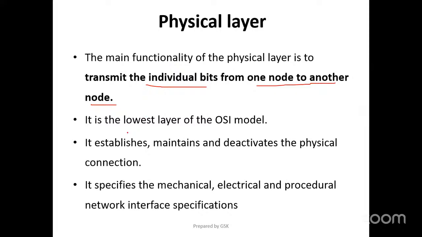It is the lowest layer of the OSI model. Yes, we just now saw that image. That is the lowest layer. It establishes, maintains, and deactivates the physical connections. What are the physical connections you are maintaining in your networking? All the physical connections are maintained by the physical layer only.